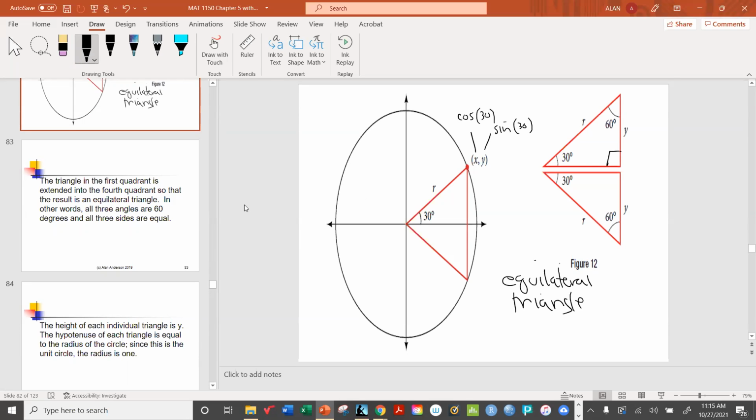In other words, it's true that this angle is 30 degrees in the first quadrant, but when you combine these, you'll notice these add up to 60 degrees.